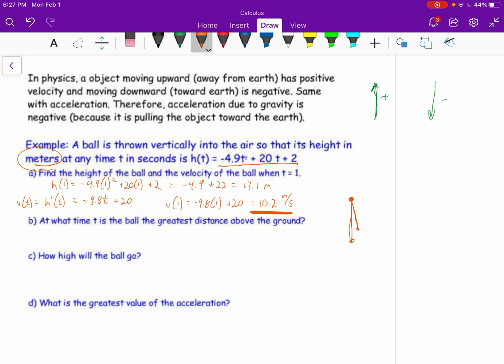Well, it says how high does the ball go? Well, we want to plug that time into our height function, which was our original function given.